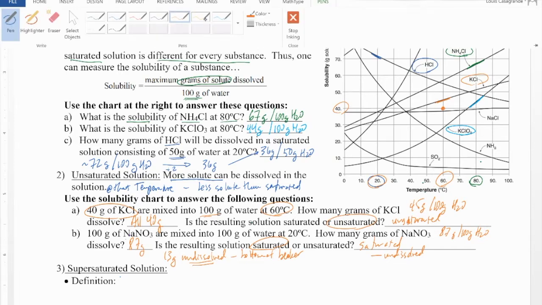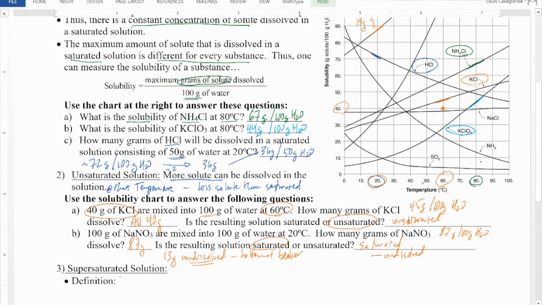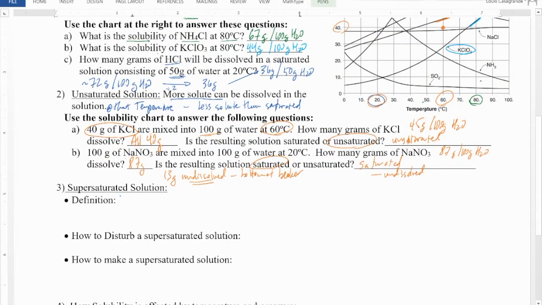So now we get to a really interesting kind of solution, called a supersaturated solution, and they are super solutions, that's for sure. A supersaturated solution is an unstable solution. It's unstable because it has more dissolved solute than a saturated solution should.